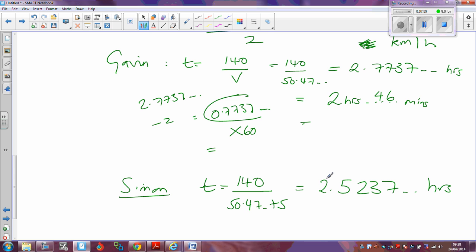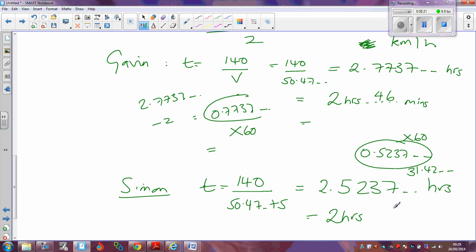So again, I'm going to subtract 2 from that, which leaves me with 0.5237, and I'm now going to multiply that by 60. Multiplying this by 60 comes out as 31.42, and that's going to be minutes, so it's 2 hours 31 minutes.